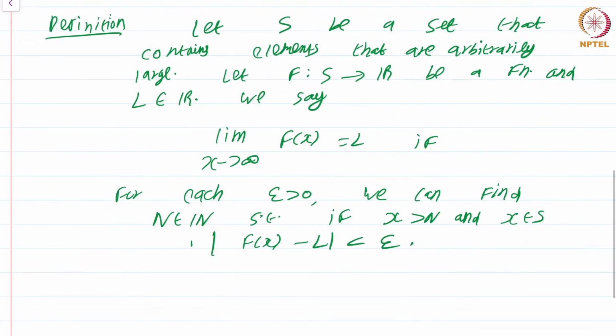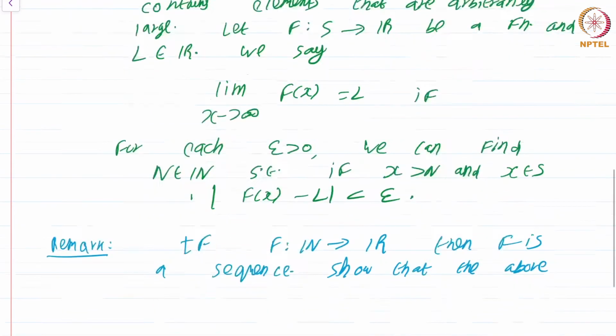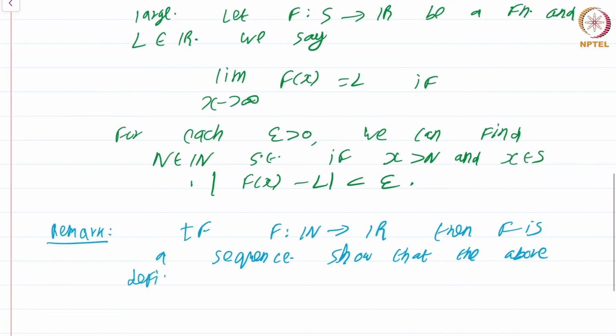Remark. If f is from N to R, then f is a sequence. Show that the above definition coincides with that of sequence convergence.